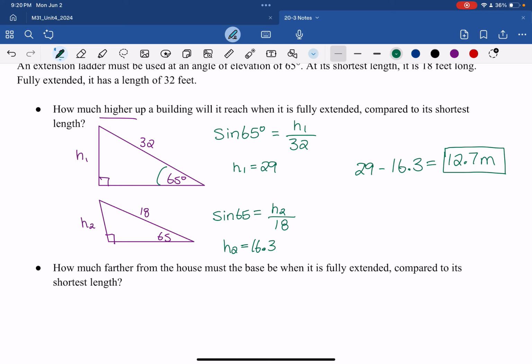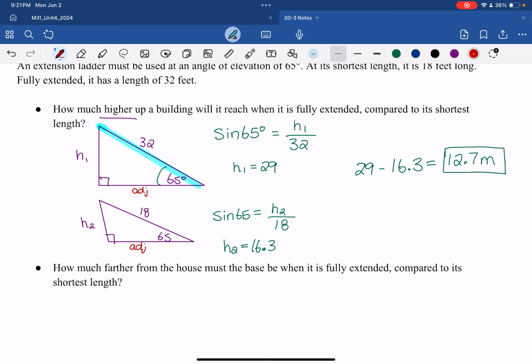If I'm thinking about a ladder, this blue piece is the ladder. The height up the house is what we just solved for. It's asking how far along the base from the house to the end of the ladder it will be. So I'm solving for the adjacent side in both of these.